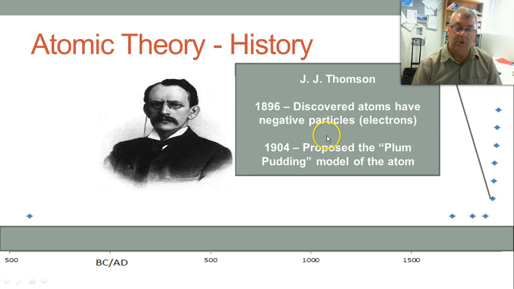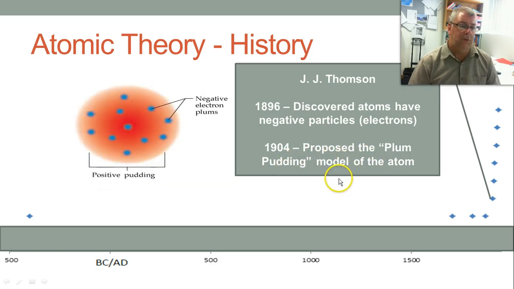He hadn't called them electrons, but he thought they were negative particles, and he proposed what's called a plum pudding model, and we'll have a look at that shortly. Oh, there it is there. His view of an atom was that this is what the atom occupies in space, and you have these negative particles stuck like cherries in a pudding, scattered around.